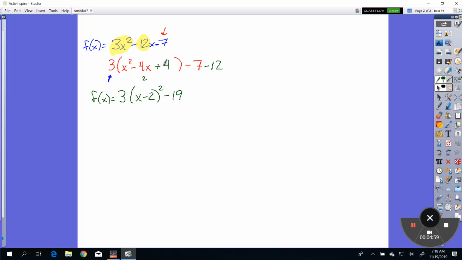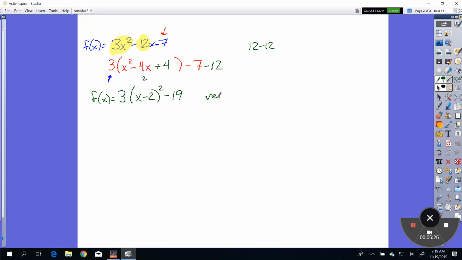So that was me adding the 4 inside. But since there's a 3 out here, it's actually like I added 12. Okay, I got you. So in essence, what I really did is I added 12 and subtracted 12. And then when we complete the square, it's always going to be half of whatever that middle term was. So x minus 2 squared.